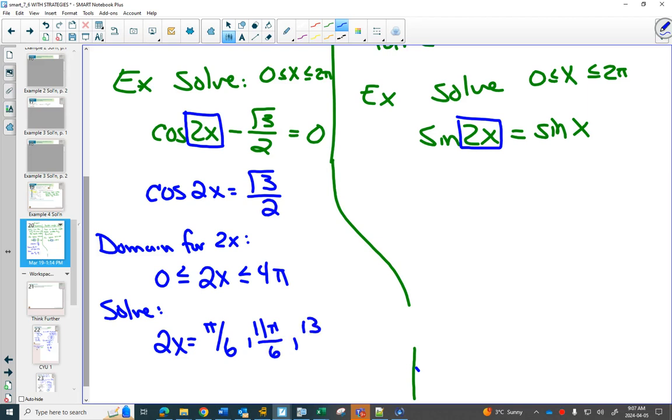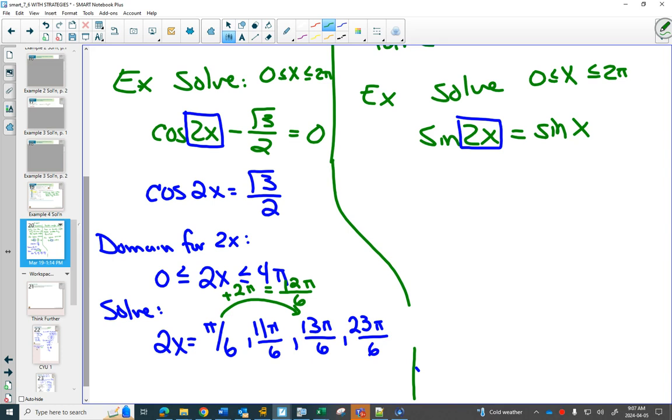Second time around, and just a reminder, how do we find that second time around? Well, the second time around, it's going to be coterminal with the first time around. So I have to add 2 pi, but how do I add things with fractions? 2 pi with a denominator of 6 would be 12 pi over 6.